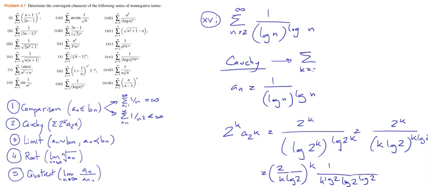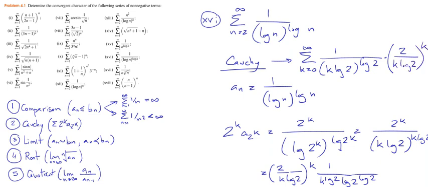From k equals 0 to infinity of 1 over k log 2 to the log 2 times 2 to the k logarithm of 2 to the k. We need to check this convergence. So let me erase this part.